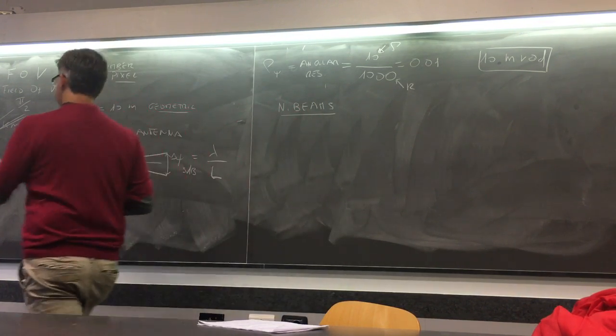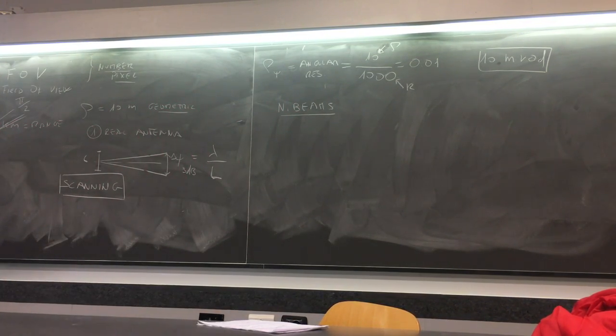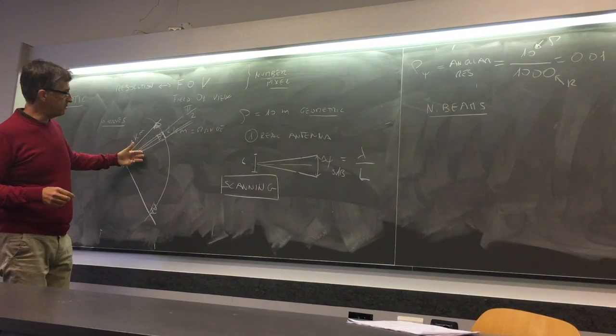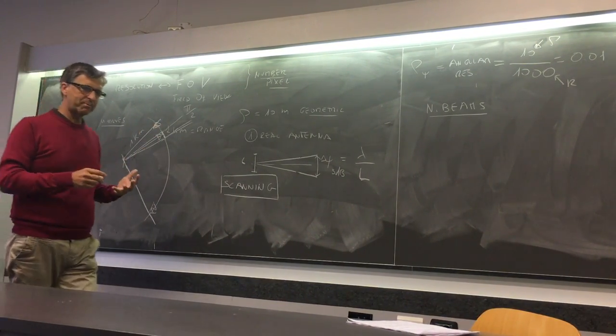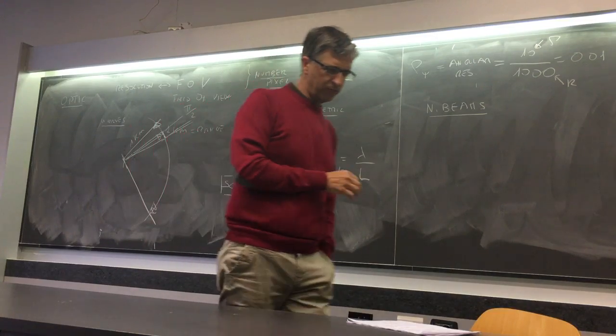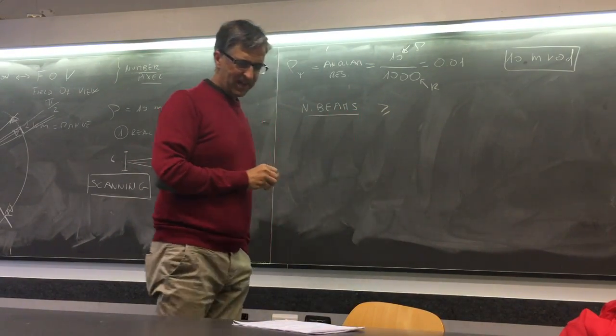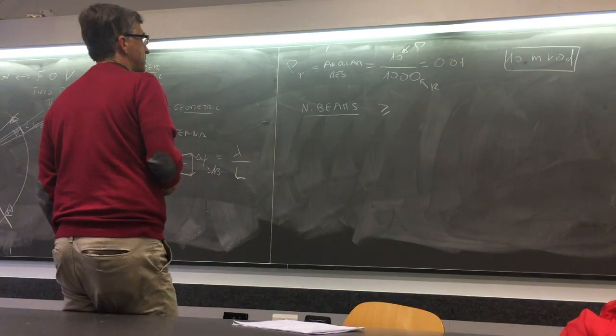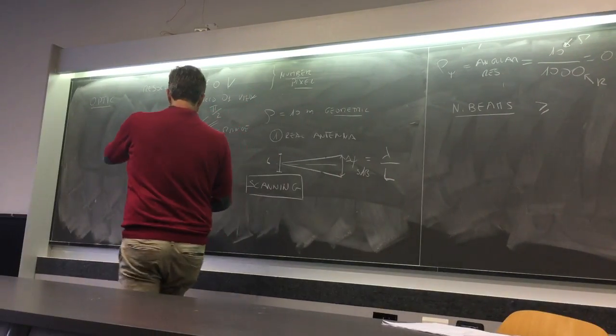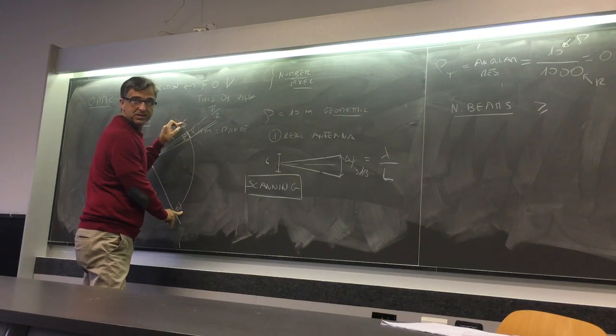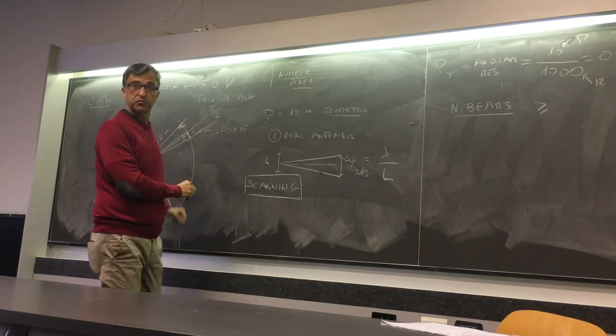Well, in principle, any of this is a separate beam. Usually you won't overlap. But if you assume no overlap, the minimum number of beams is the total field of view that you want to scan.